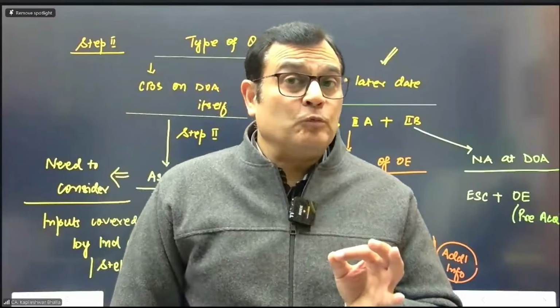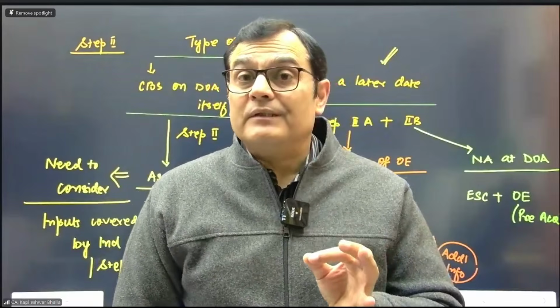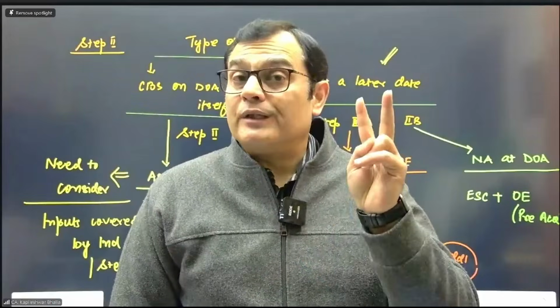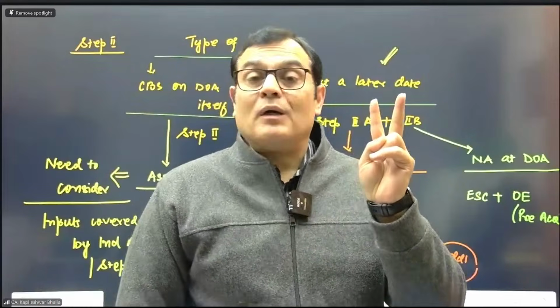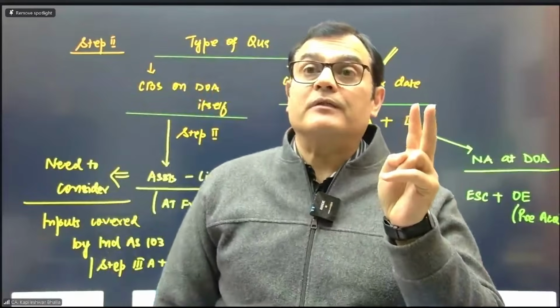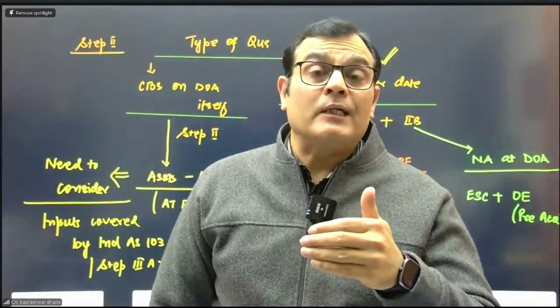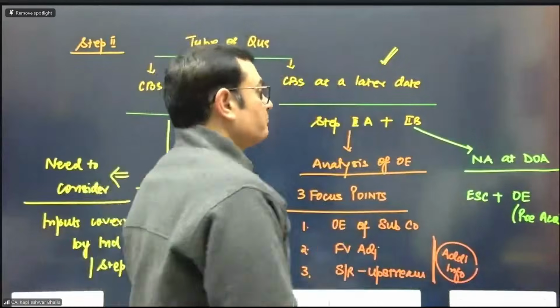Now, what are the focus points at this stage? When you do step number 2B, you've got 1 focus point. If there is a dividend in the question, you need to organize 2 net assets. One is net assets before dividend and one is net assets after dividend. And you know why we're organizing that. One is for the goodwill and one is for the NCI purpose.